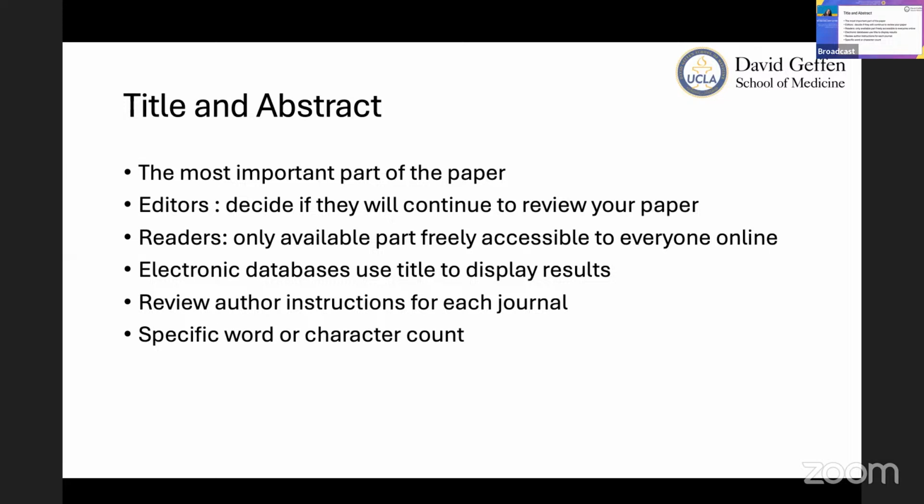So that's really important, but each title can only be of a certain word or character count. You have to review each journal's author instructions to see what they recommend. Is there a specific word count? Is there a specific character count? These are things we need to keep in mind while we write the title.